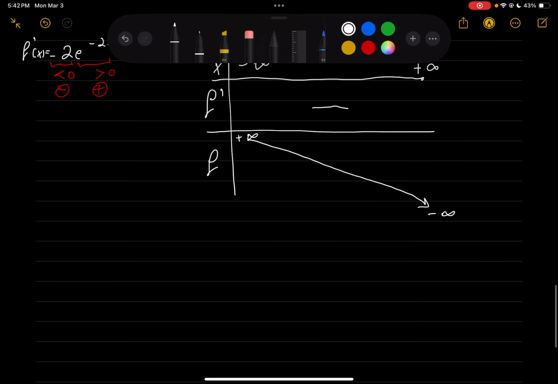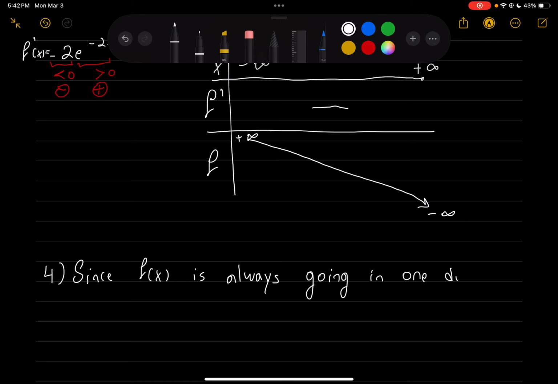Now, number 4, they would ask us, is the function monotone? And if so, is it strictly increasing or strictly decreasing? Since f of x is always going in one direction, then it is monotone.